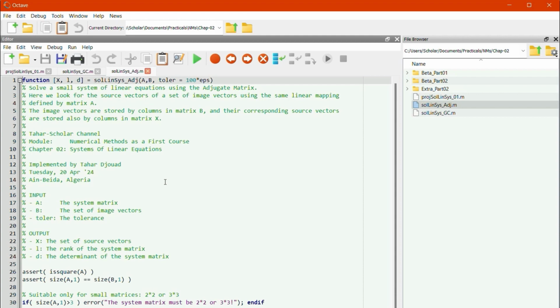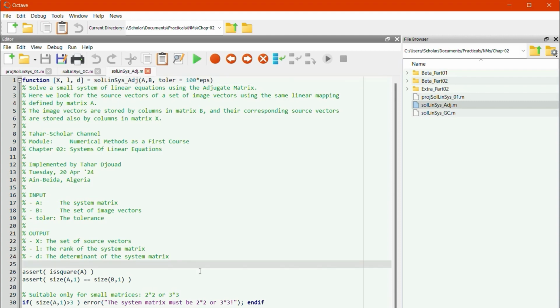Actually, as we will see later in this practical, and we will see that also in the implementation, calculating the adjugate matrix or the auxiliary determinants involves exactly the same amount of calculation. So the two methods are equivalent. But the advantage here is that you can deal with a set of images, which is, of course, not efficient with Cramer's rule. As I explained, the auxiliary determinants depend on the images. So you have to recompute them for each image.